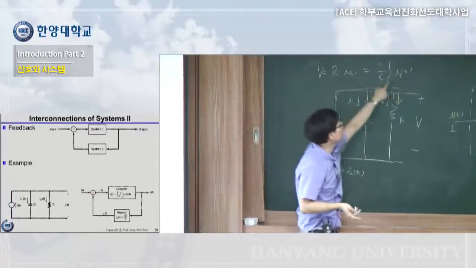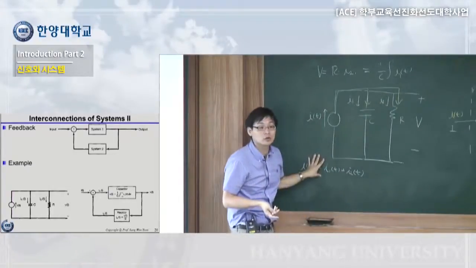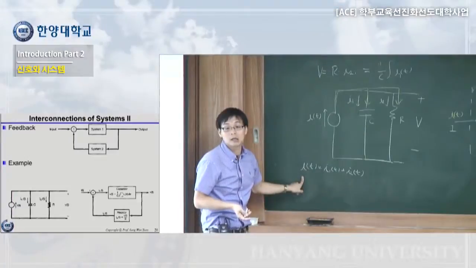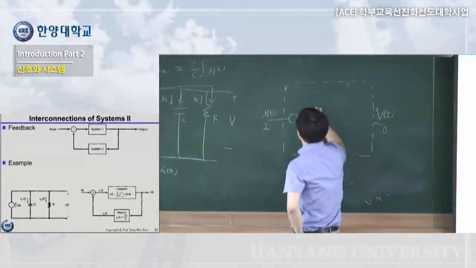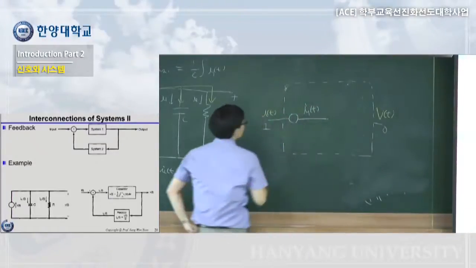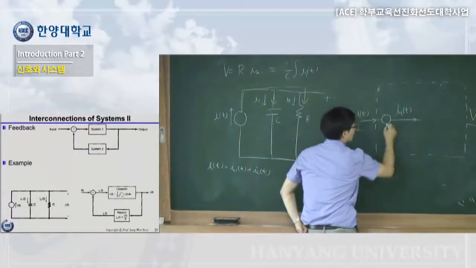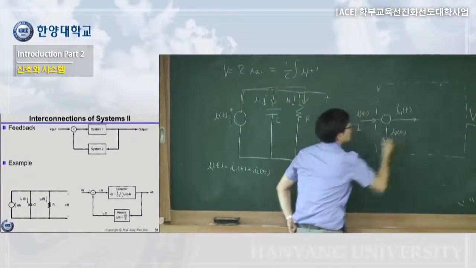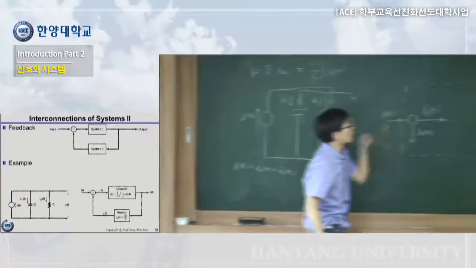Of course, this is not the input and output, but we can find the relationship between I1 and input I, or I2 and I. How do we do it? Assume that we have I1. Somehow we find I1. So we come to here, come to there, and we need another path making I2(t) based on this relationship. Assume that this straight line is I1.